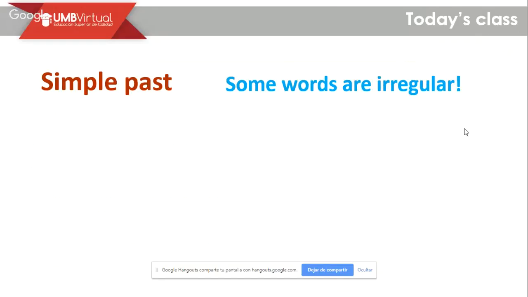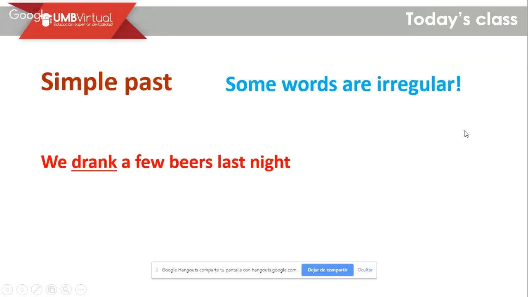Remember, some words are irregular. This is a difficult part of English, and you can only learn this by practicing. There are lots of lists of irregular verbs that you can practice, because most of them are very different. For example, in the previous examples that I showed you, we have the word drank, which is the past tense of the verb drink.